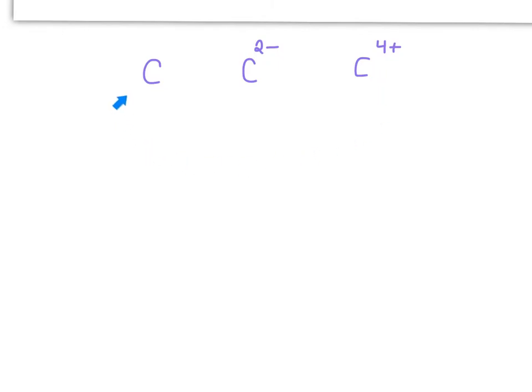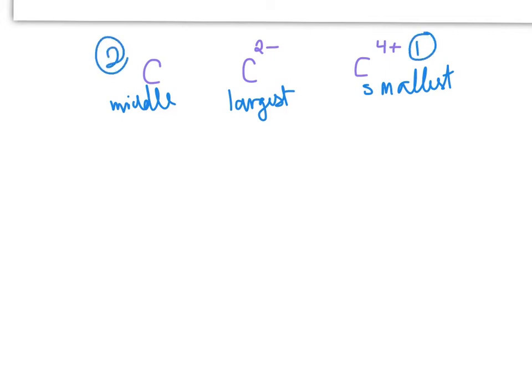Cations are smaller than the parent. So, looks like this one would be the largest, and then this one would be the smallest, and then this one would be in the middle. So if I'm increasing them from smallest to largest, this would be number 1, this would be number 2, this would be number 3, 3 being the largest.